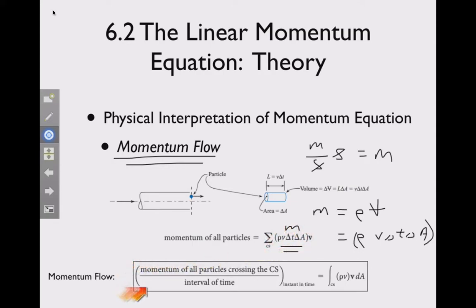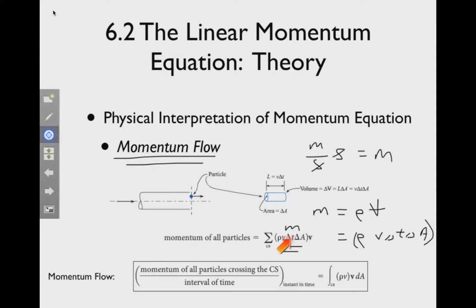But really what we're interested in for the Reynolds transport theorem is the change of that in time. So we take the momentum of all the particles crossing the control surface and divide it by time. What we end up with is rho v times v again times the delta A. We basically divided both sides of the equation by delta t.